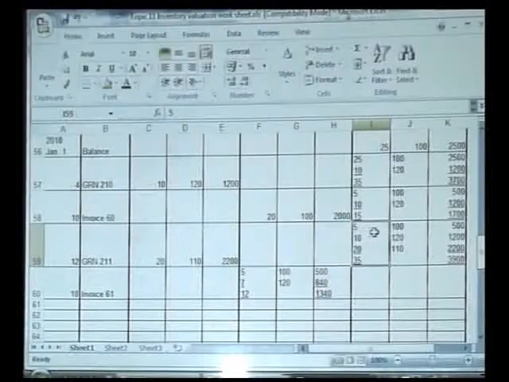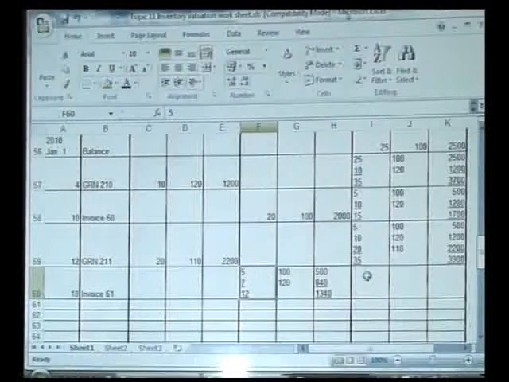Now we had this stock, and these are the changes.